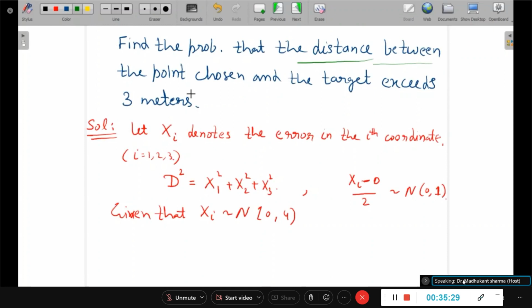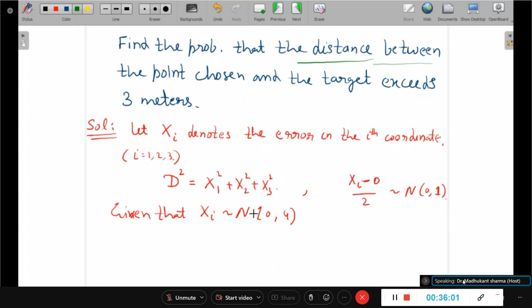The target you can look at as the origin, so from the origin, that's an error, and you can find the distance. It is X1 squared plus X2 squared plus X3 squared, the three coordinate errors, and we denote this by D squared because of the distance.